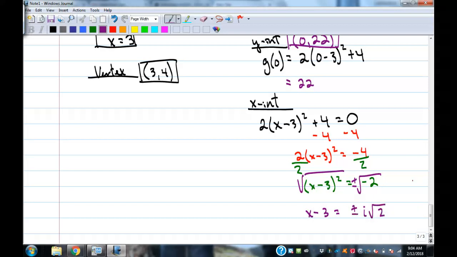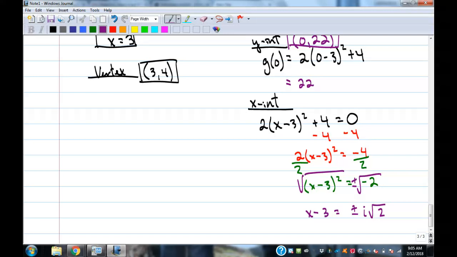What do we know about x-intercepts at that point right there? Why? Because the number we're taking the square root of was negative. That gives us a complex solution. Complex solutions don't cross the x-axis. Yes.